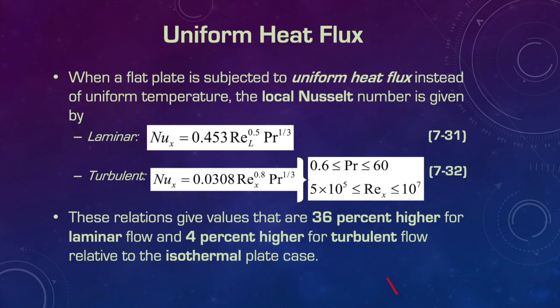The local Nusselt number is given by steps that are the same as before. One, determine the Reynolds number using the equation rho Vx over mu. Second, compare with the critical Reynolds number, 5 times 10 to the power of 5. Then determine whether the flow is laminar or turbulent. If laminar, directly use the laminar flow equation.